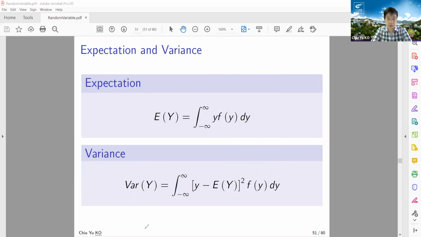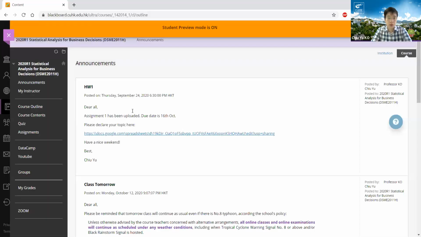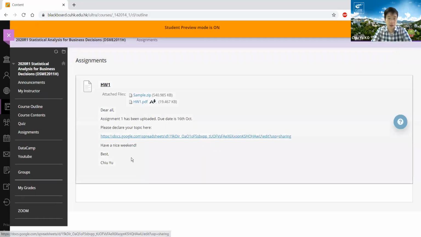Just wait a second. So maybe I can show you the share screen from Google. So this is, I think, what you see from your share screen, right? Kai-chung, right? So here is the assignment, right? I think this is where you got your assignment, right?